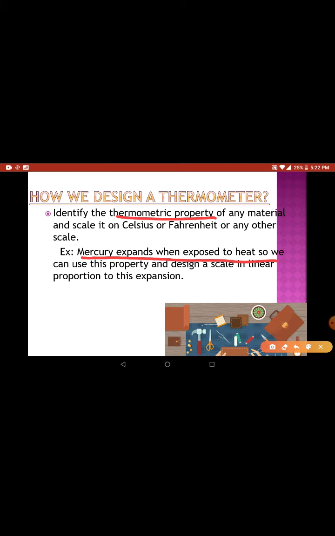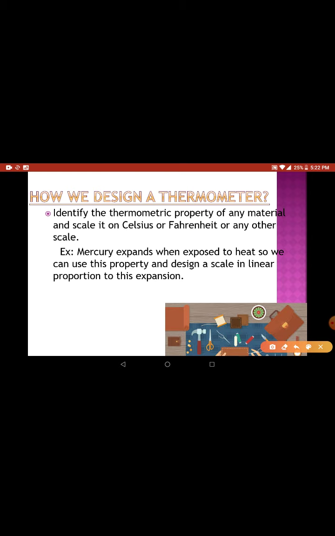You might have seen the doctor's thermometer, where there is a mercury level, and based on that mercury level they tell you the temperature. For example, you go to the hospital and they put the mercury thermometer in contact with your body.